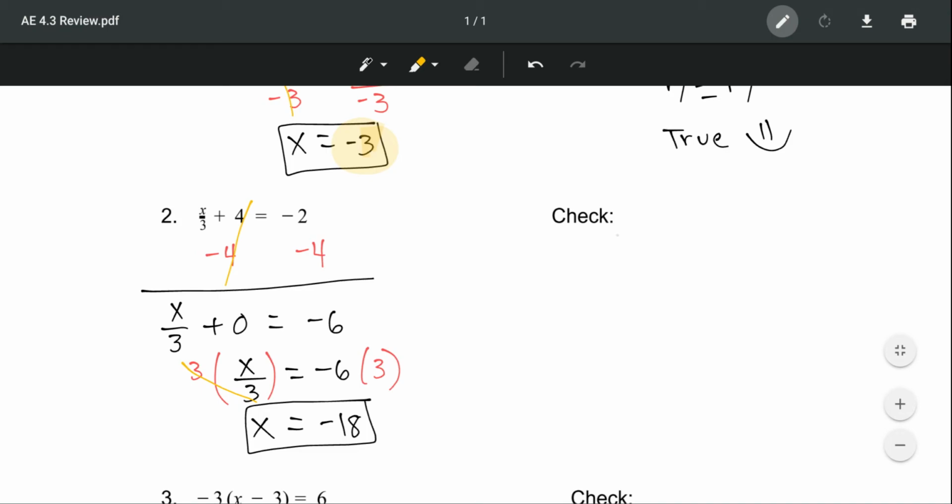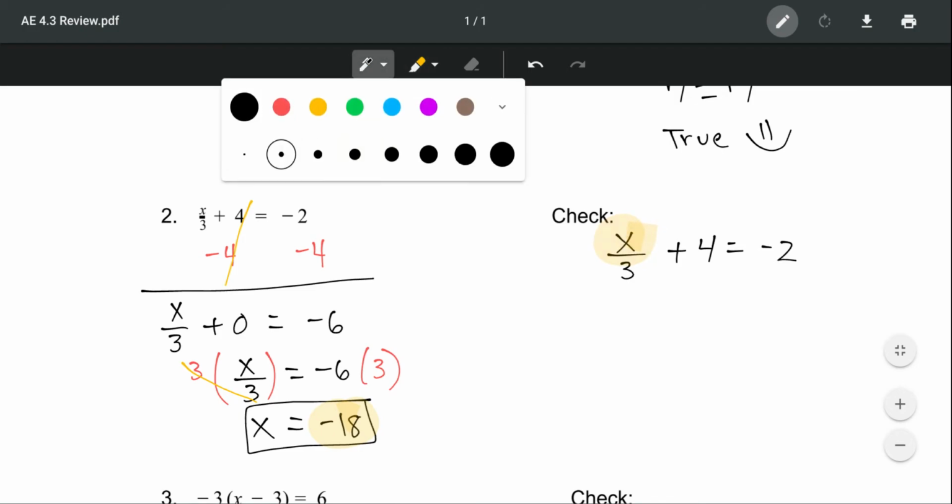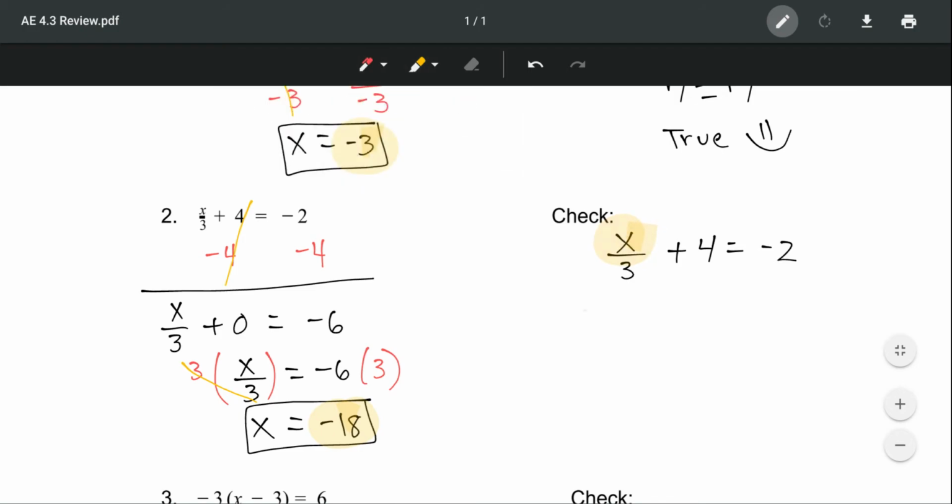Now to check, you rewrite the original problem. X divided by 3 plus 4 equals negative 2. And you want to replace x with negative 18. So negative 18 divided by 3 plus 4 equals negative 2.